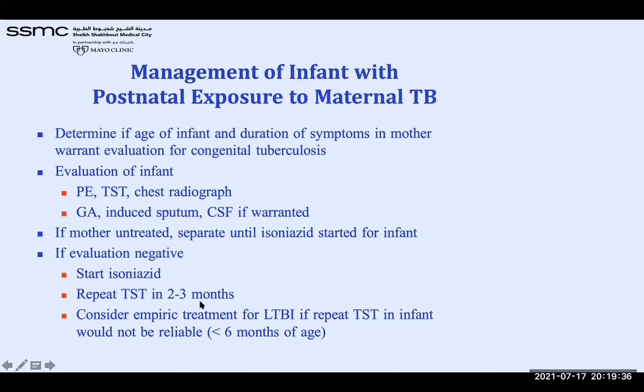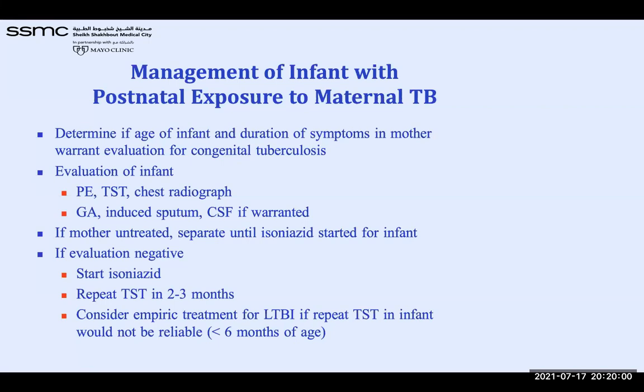Now, the management of the infant with postnatal exposure to maternal tuberculosis. So you have to determine the age of the infant and the duration of symptoms in the mother to warrant evaluation for congenital tuberculosis. The evaluation is the same. You can do the X-ray, the TST, the gastric aspirate, induced sputum, and CSF if warranted.